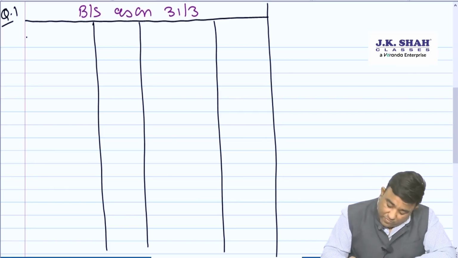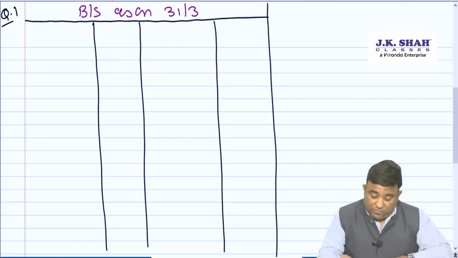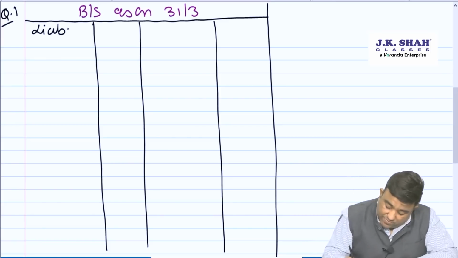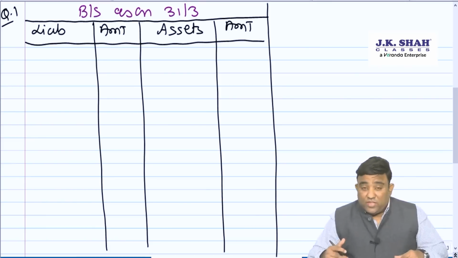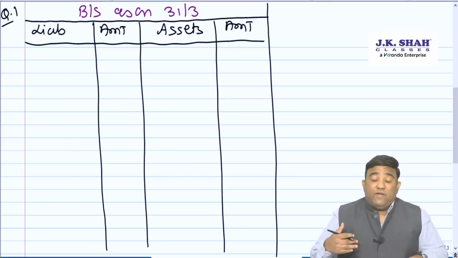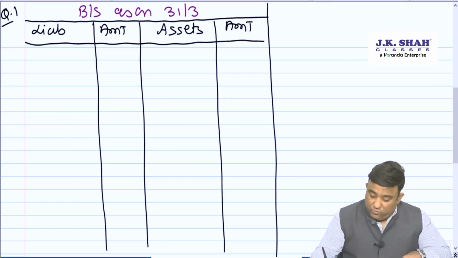Thereafter, obviously I am not going to follow the entire format rigidly. Liability, amount in rupees; assets, amount in rupees. Students, one request: I may be using some short forms just to speed up the preparation, but please follow full forms wherever possible.